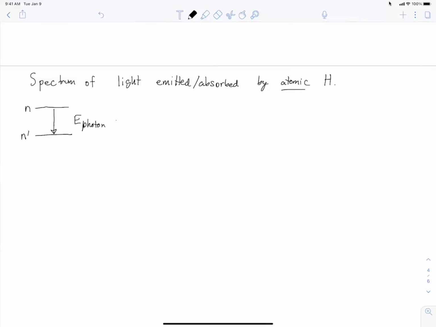And the photon's energy will be the difference in the energies of those two states, which will be h bar times the angular frequency, as Einstein told us, for this transition, which is the energy n minus the energy n prime.